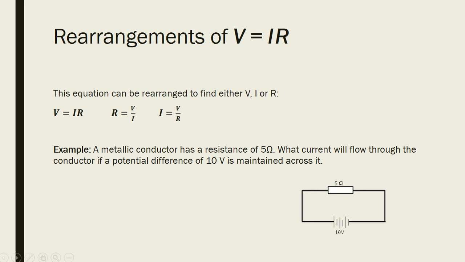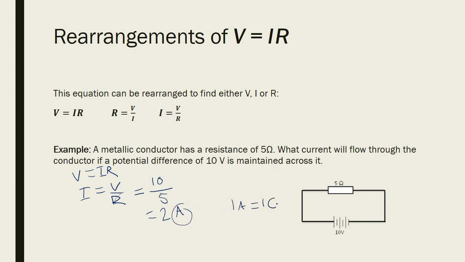So if we had V equals IR, to get current by itself we would divide both sides by resistance and get voltage over resistance. Now we know the voltage is 10 volts of potential difference, and our resistance is 5 ohms. So the current simply is 10 divided by 5, which will be 2 amps. Remember, 1 amp is 1 coulomb of charge per 1 second.